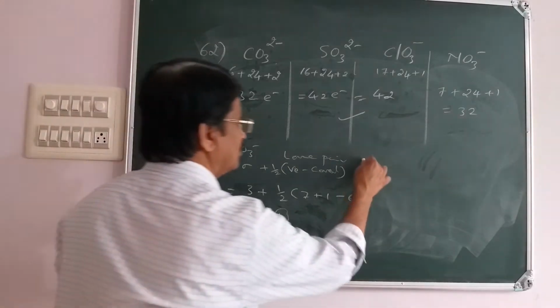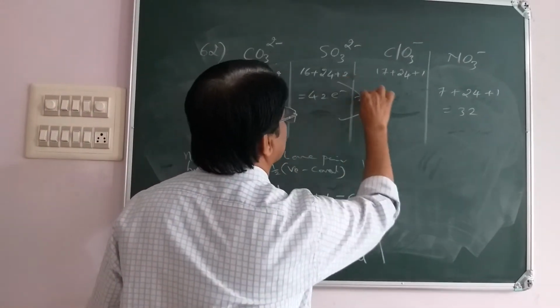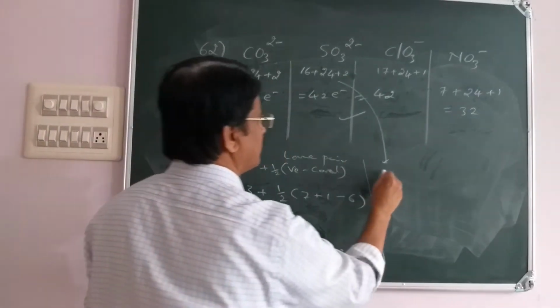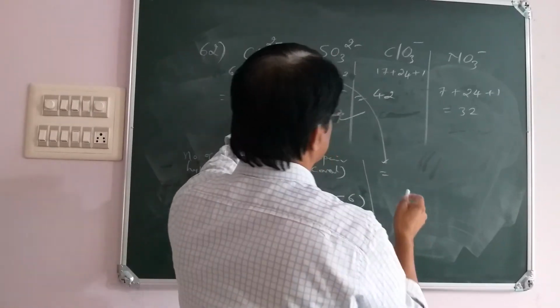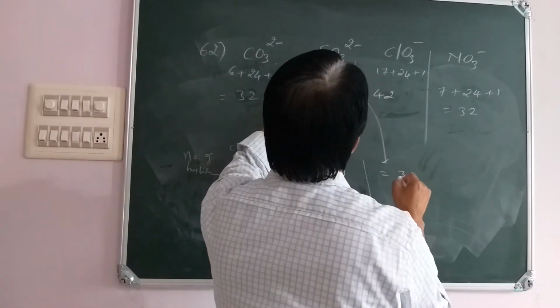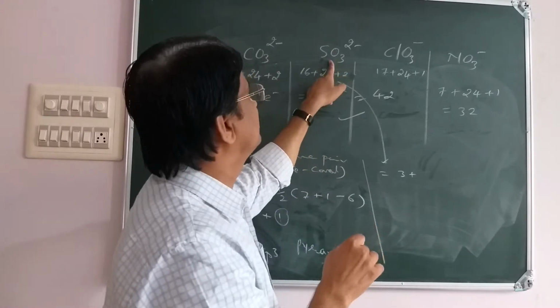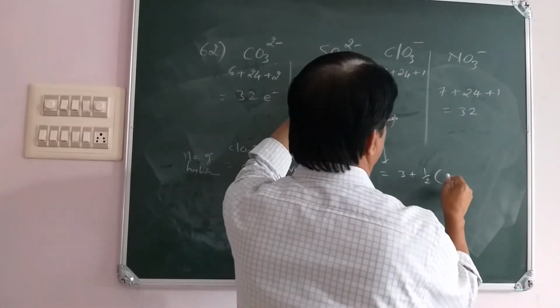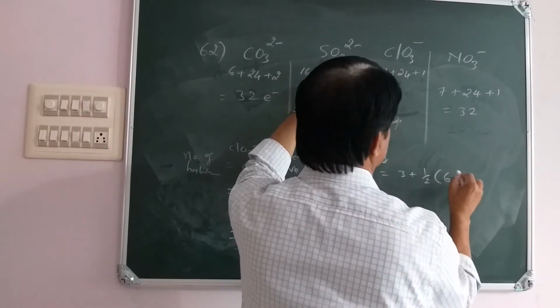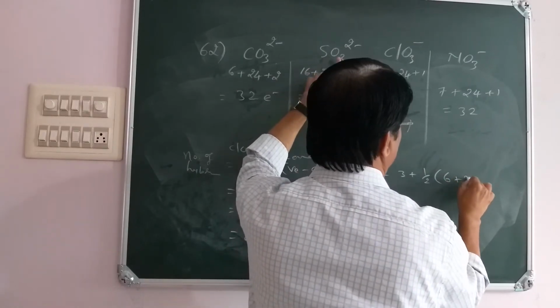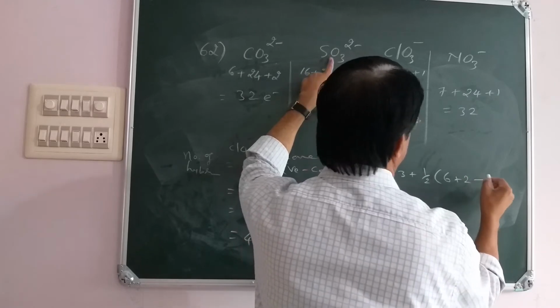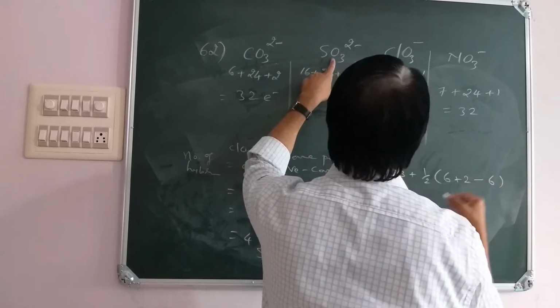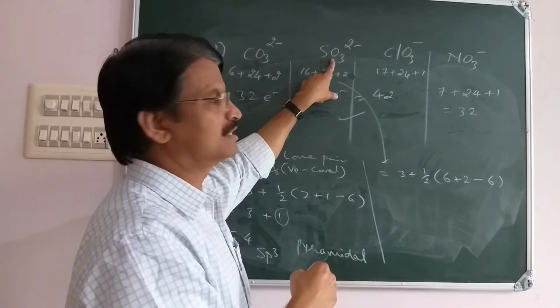Then similarly for SO3 2 minus: covalent bonds 3, plus 1 by 2 bracket, valence electrons of S 6, 2 electrons are added, minus 6. Number of covalent bonds 3 into 2, 6.